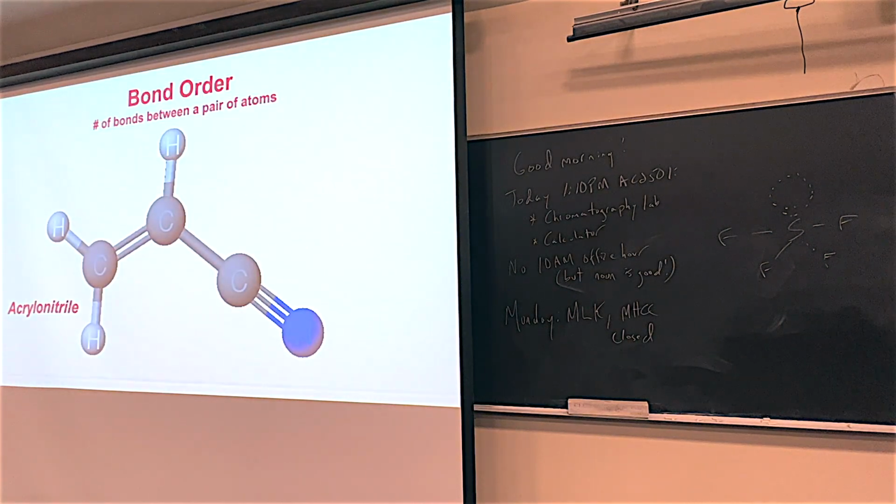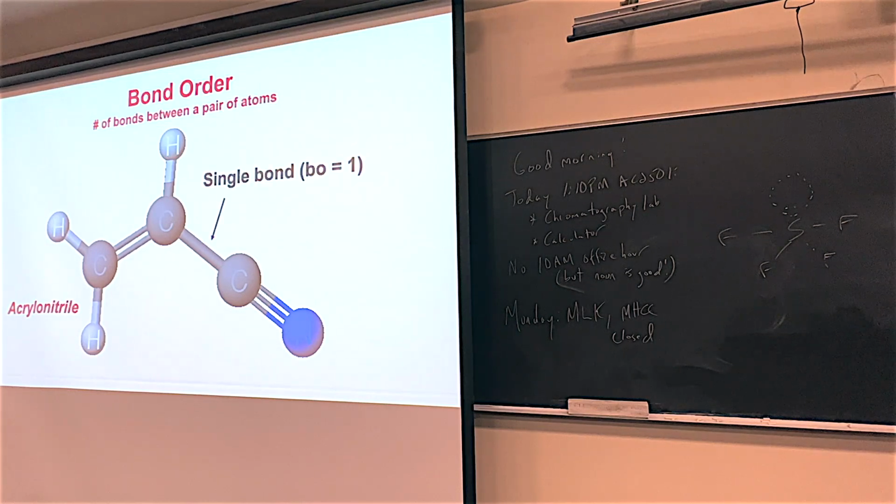Bond order is a super important thing when it comes to chemistry. Bond order helps the chemist to know how tough a bond is, how much energy it takes to break a bond, and you can also do some relative analysis as to how long and short bonds are. Now, this is an example of a molecule called acrylonitrile, all right? And notice how it has a double bond, a triple bond, and lots of single bonds.